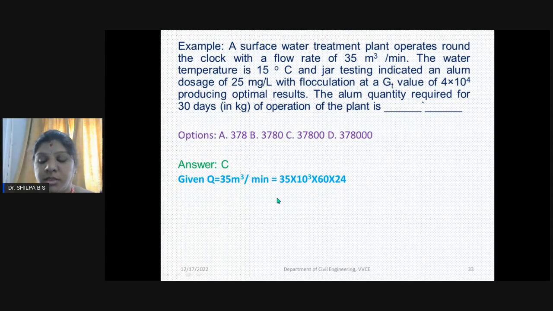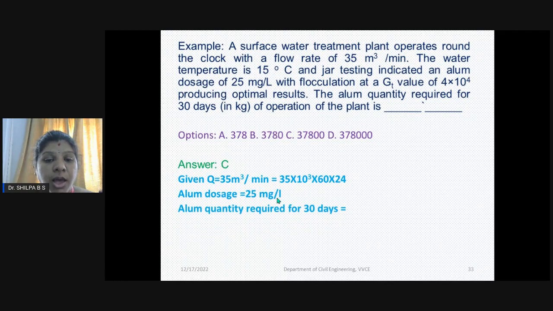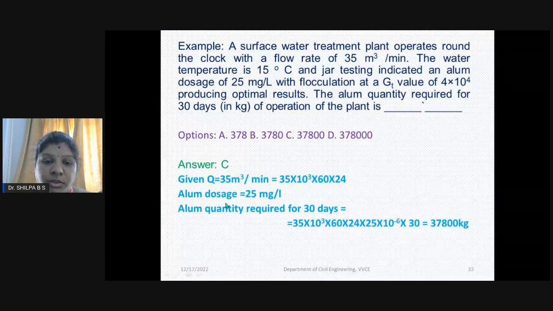The flow rate is 35 meter cube per minute, and the dosage is 25 milligram per liter. So the alum required for 30 days: we multiply the flow rate by the quantity of alum dose required, which is in terms of milligram. We need to express it in terms of kg, so that's why we have multiplied by 10 to the power of minus 6.